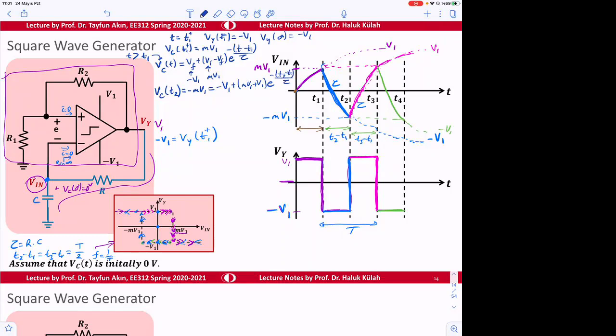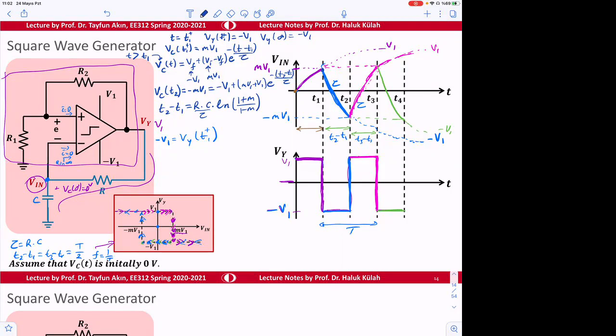So from here, I can find that T2 minus T1 is going to be equal to R times C, which is tau, times ln((1 plus m) divided by (1 minus m)). Okay, you can verify that this is the case.